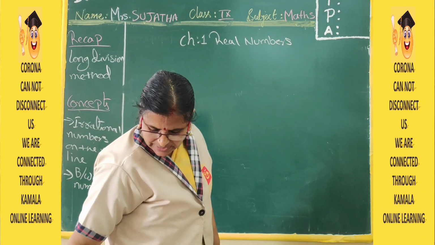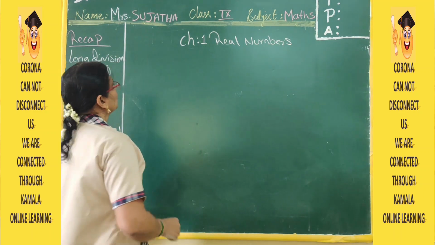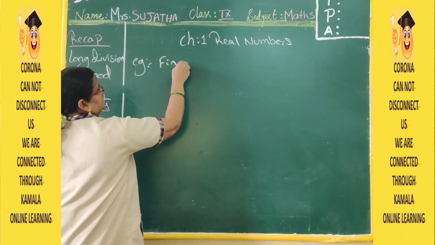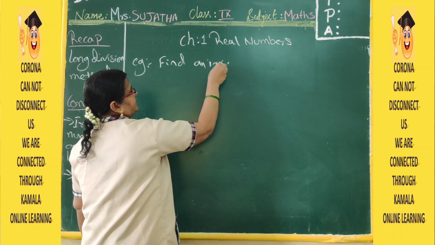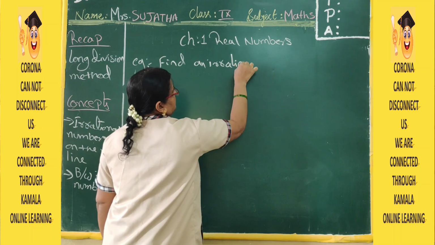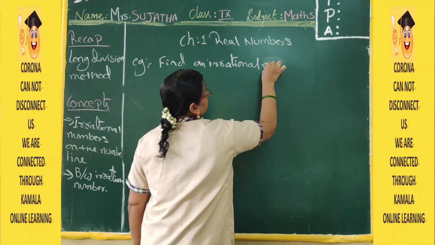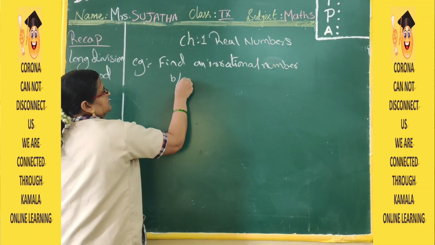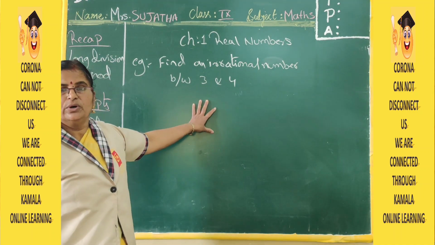For example, find an irrational number between 3 and 4. Suppose 3 and 4 is given.